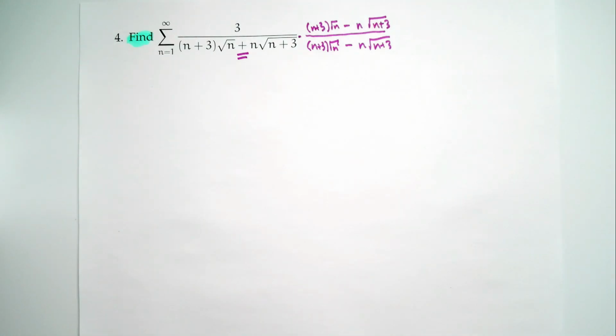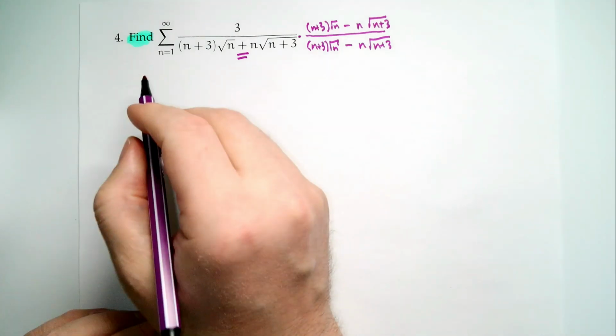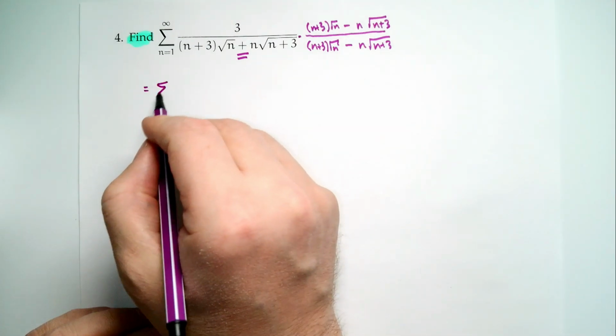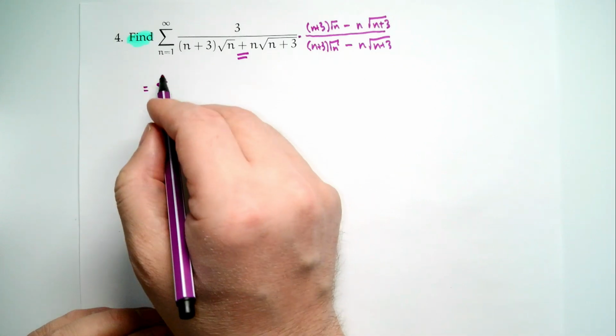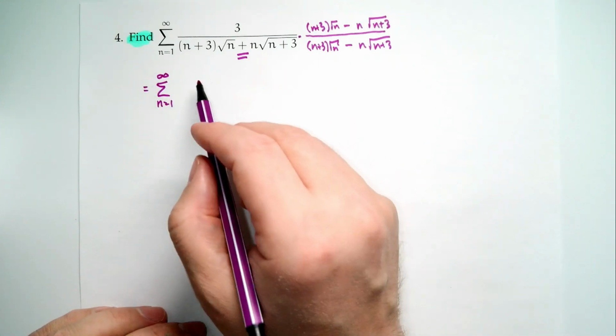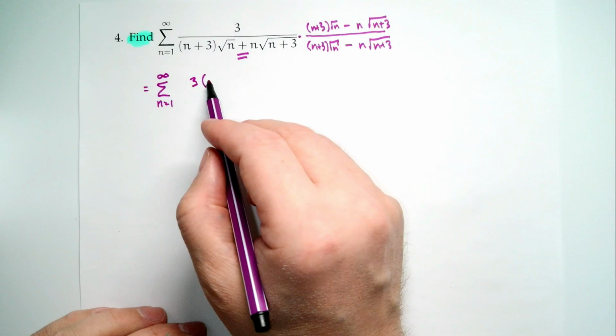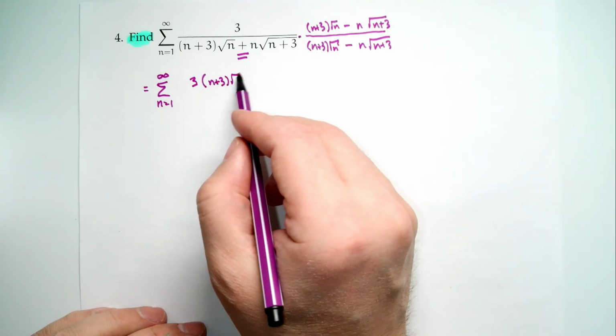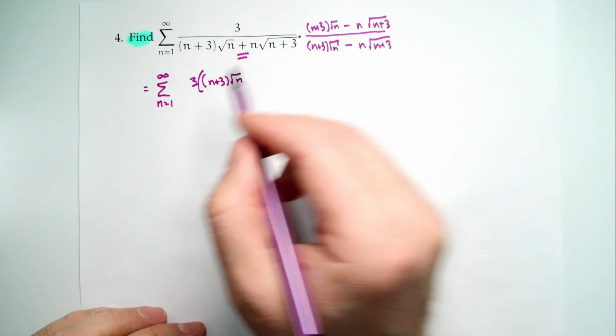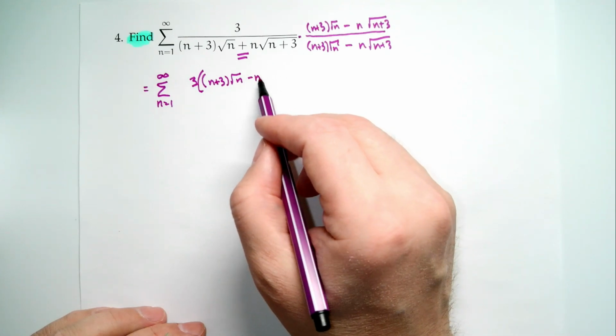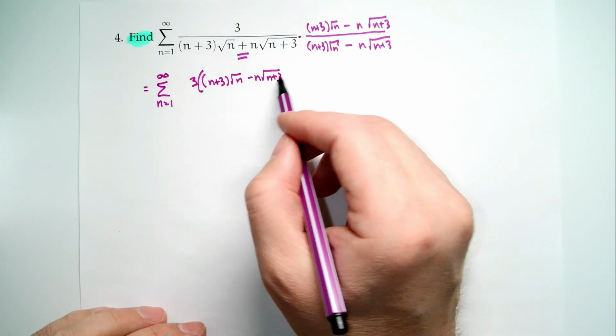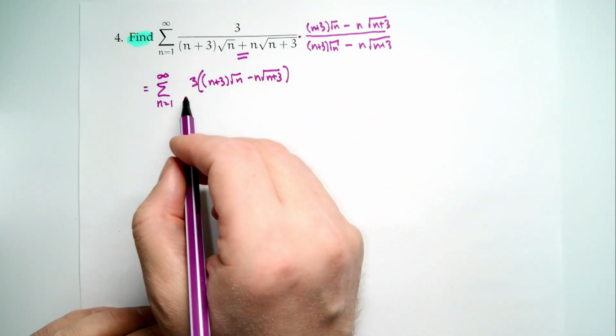Okay, well, what does that become? So we still have our summation. We haven't done anything with the sum yet. All we're doing is working on rewriting the terms. So upstairs we have 3 times n plus 3 square root of n. I'll put a really big parenthesis here. Minus n square root of n plus 3. We'll deal with that when we deal with that.